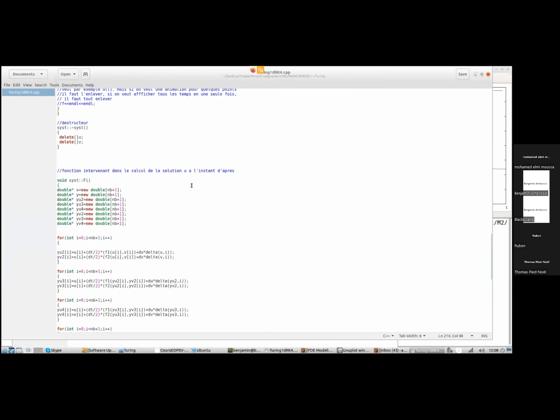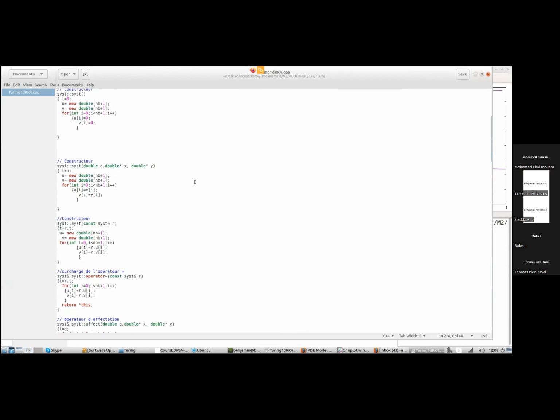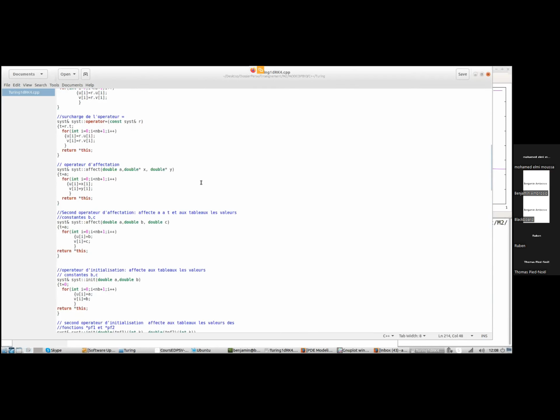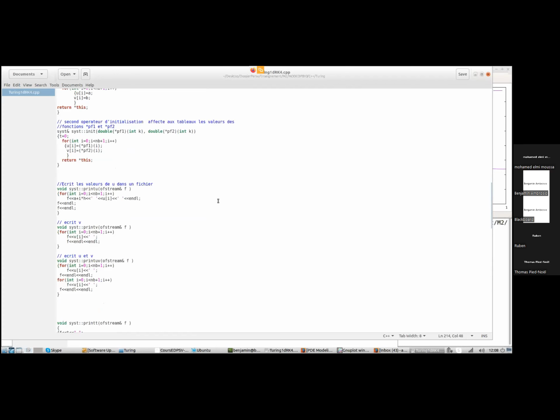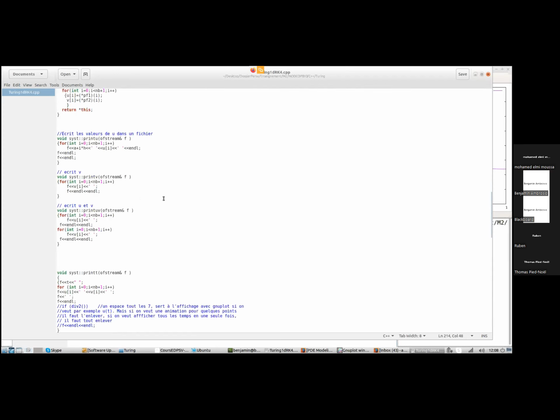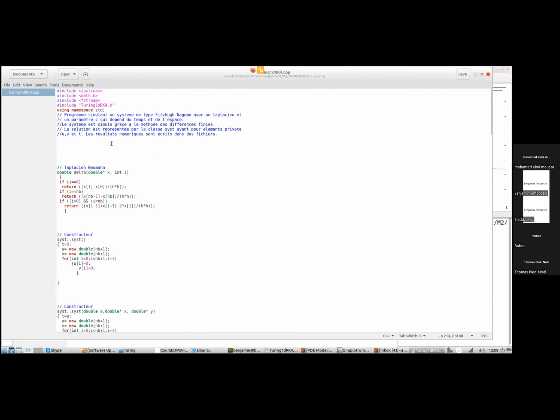So here, this is my program. I have here a CPP file along with a header file.